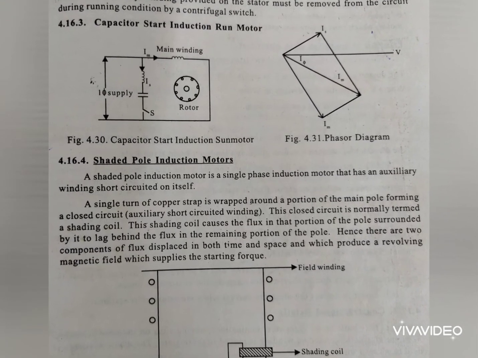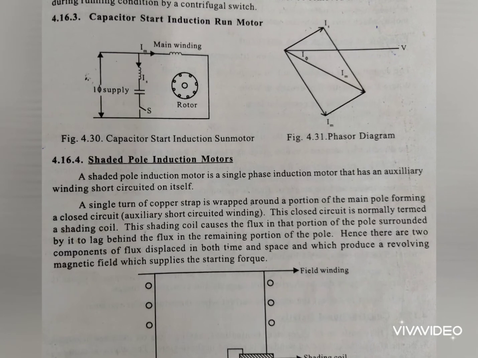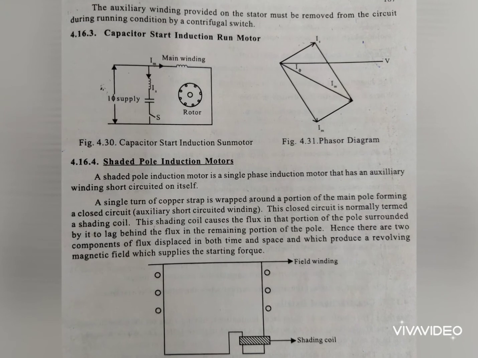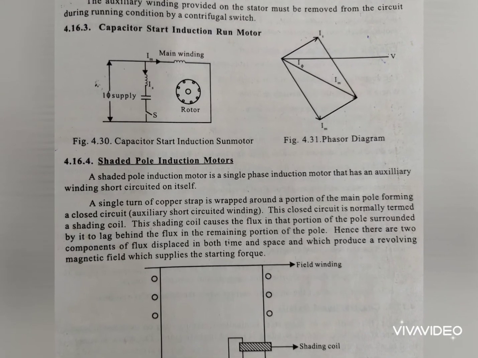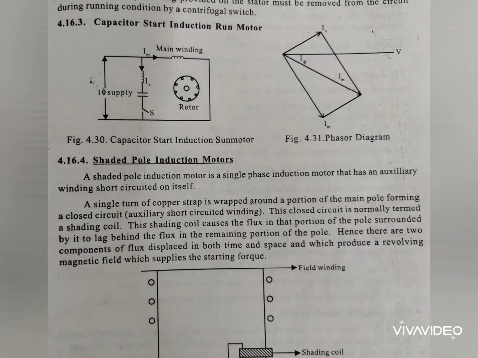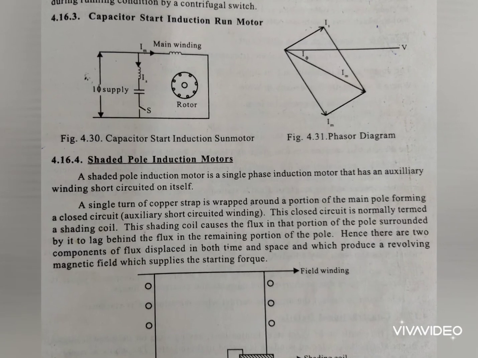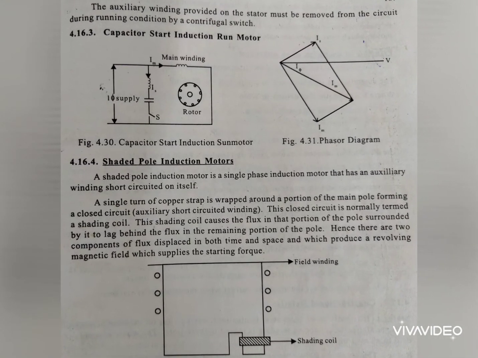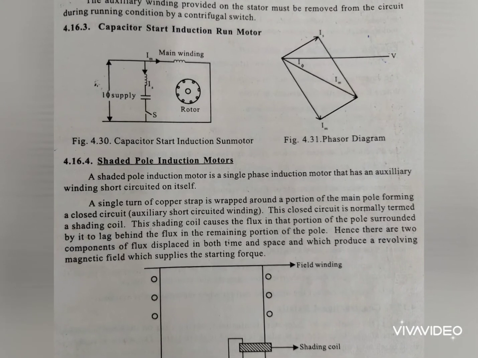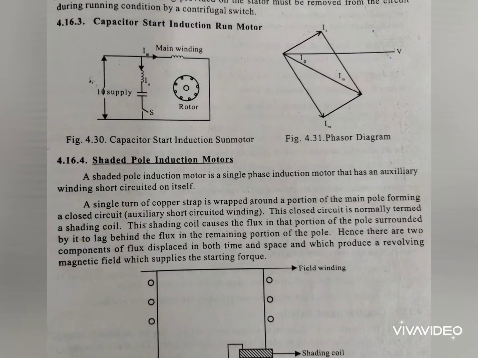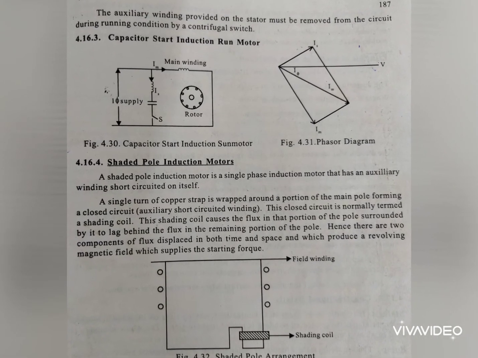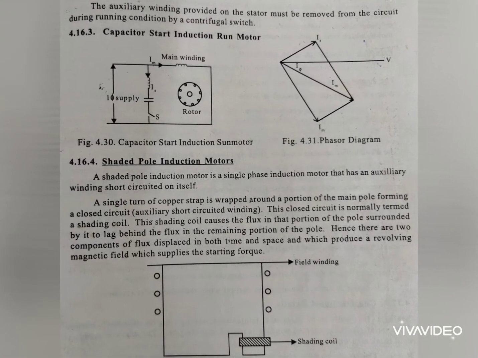This closed circuit is normally termed as a shading coil. This shading coil causes the flux in that portion of the pole surrounded by it to lag behind the flux in the remaining portion of the pole. Hence, there are two components of flux displaced in both time and space, which produce a revolving magnetic field which supplies the starting torque.